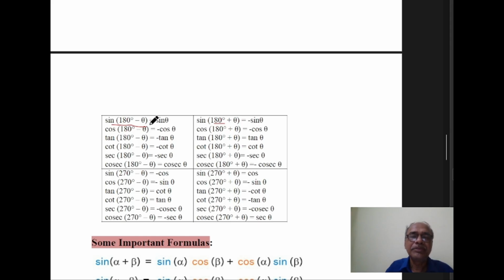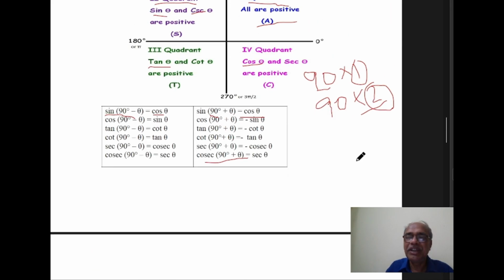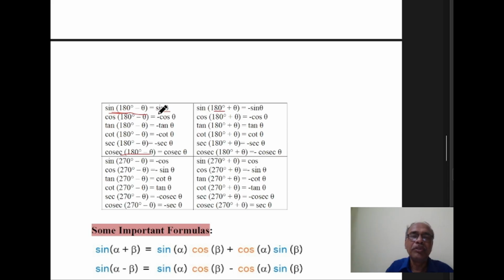So here you see sine 180 minus theta, this one and this one are positive, all others are negative, and 180 equal to 90 into 2. So this is the even multiple. So even multiple, all will be kept the same: sine is sine, cos is cos, tan tan, cot cot, sec sec, cosec cosec.